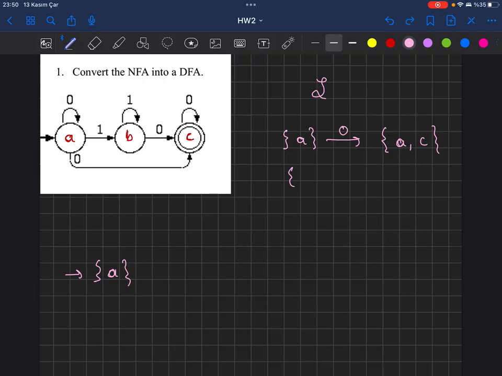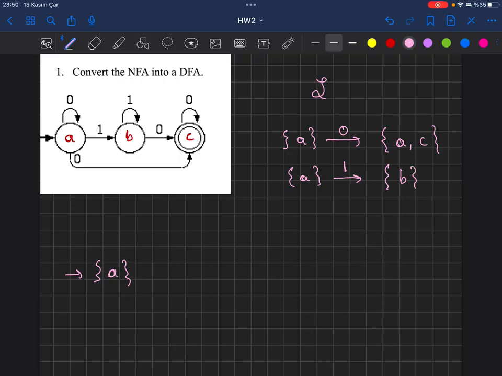In A state, if you write 1, we will go to B state, right? Then we have a new state.